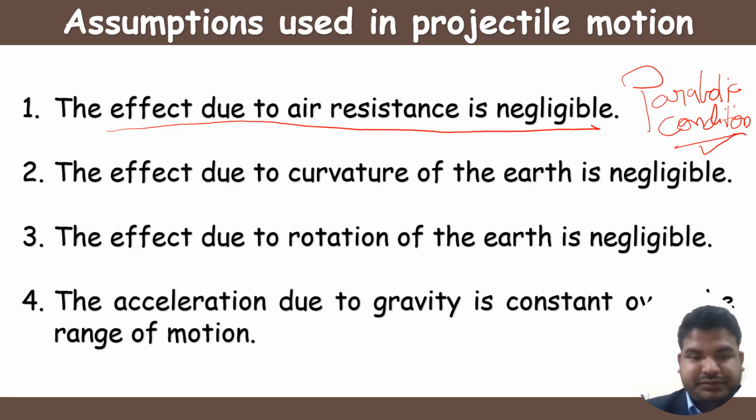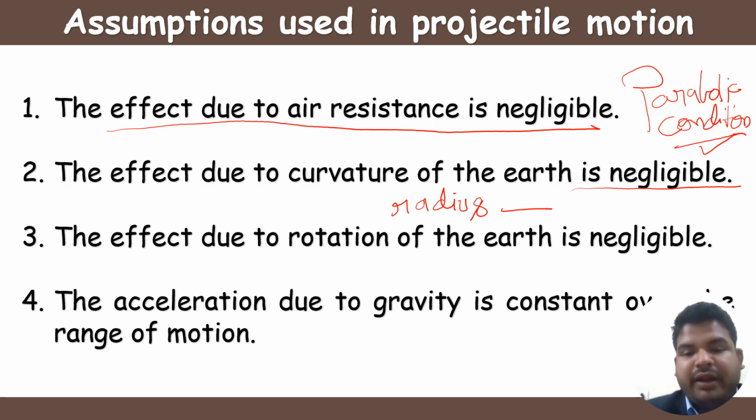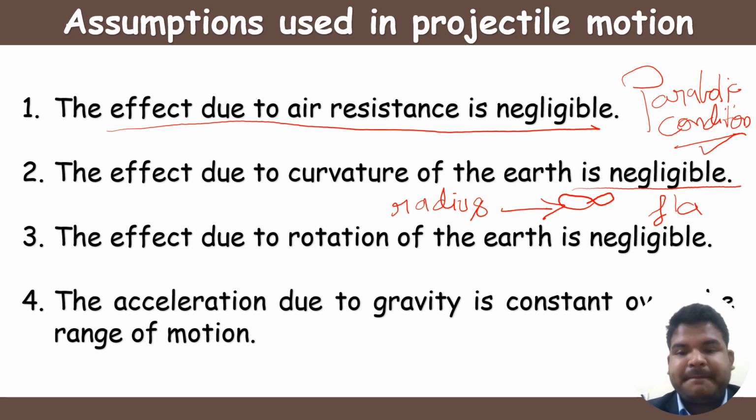The effect due to curvature of earth is negligible. Negligible means the radius of earth is assumed to be tending to infinity. It means the surface of earth is totally flat. You are getting my point? The effect due to the rotation of earth is negligible.